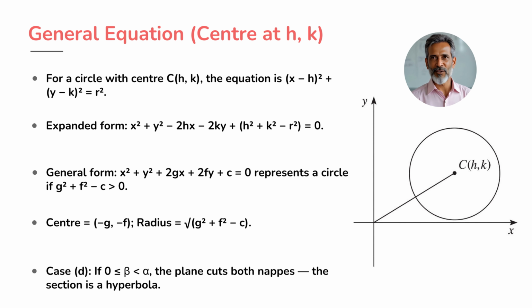Here, the center of the circle is at minus g, minus f, and the radius is equal to the square root of g squared plus f squared minus c. But remember, for the circle to be real, the term g squared plus f squared minus c must be greater than 0. Quick check. A real circle can never have a negative radius. If you ever get that, it means there's probably a sign mistake somewhere. So double check your algebra.